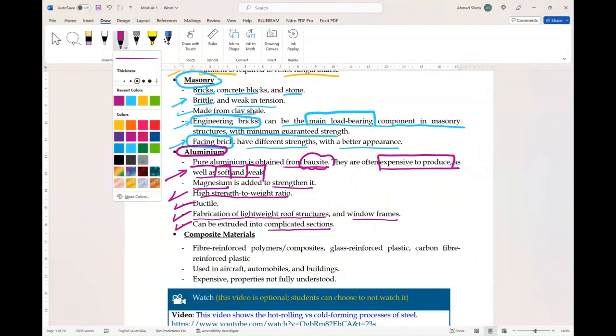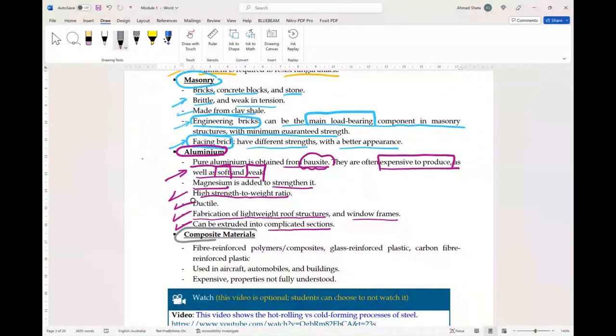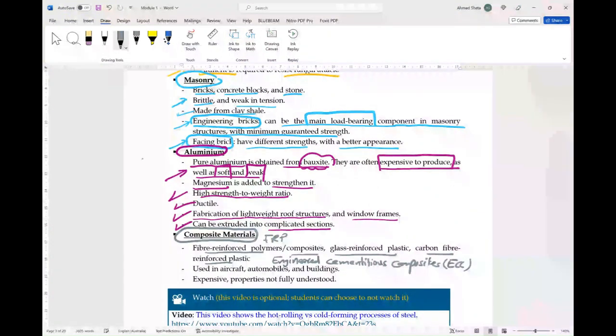The last material we have is the composite material, like fiber reinforced polymer, FRP, or fiber reinforced composites, glass reinforced plastics, carbon fiber reinforced plastic, and also there is a material called engineered cementitious composite, ECC, which is a sort of fiber reinforced concrete.